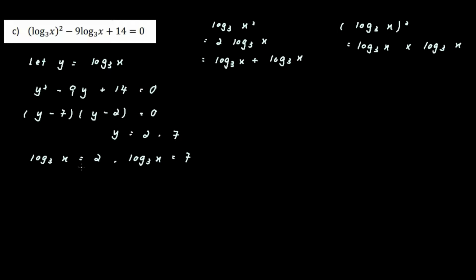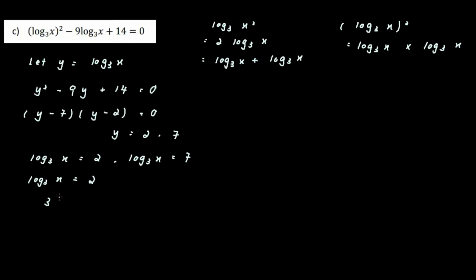So we need to continue to solve this. For log base 3 of x equals 2, we can rewrite it, depending on you. If you want to change 2 into a log, also can. If you want to rewrite it in index form, also can. I might just do indices here because it's easier in this case.